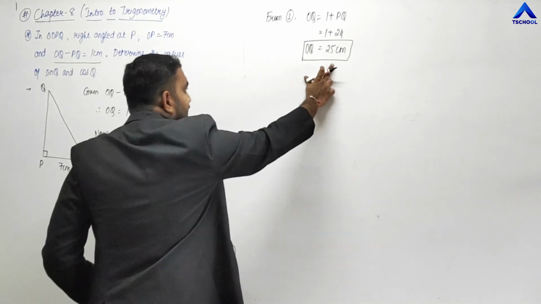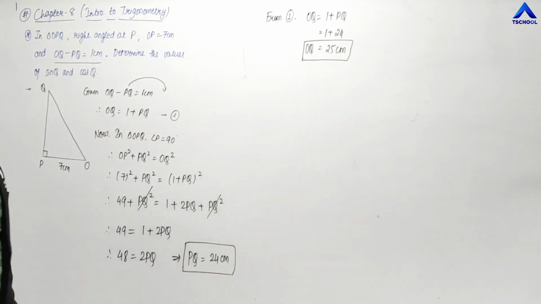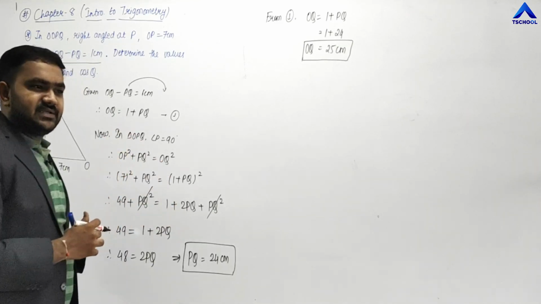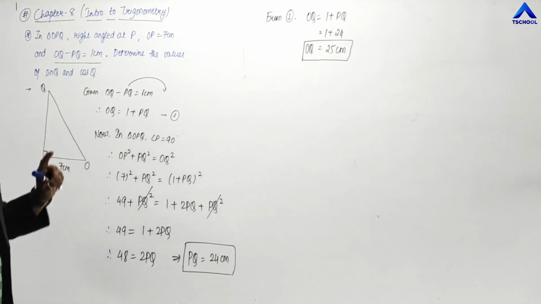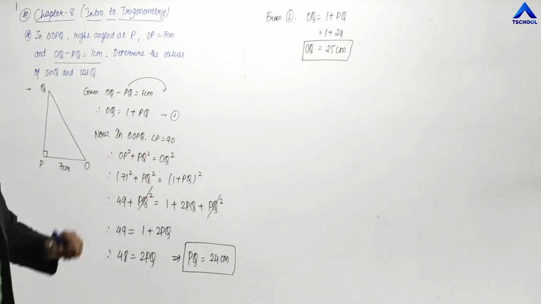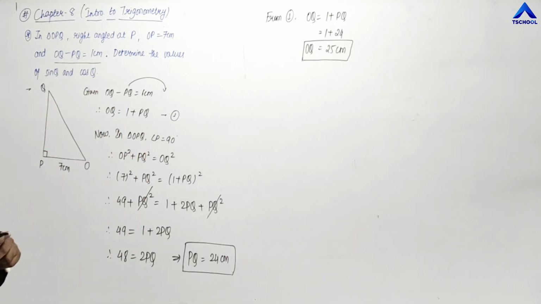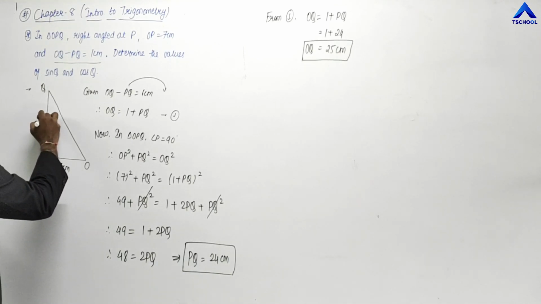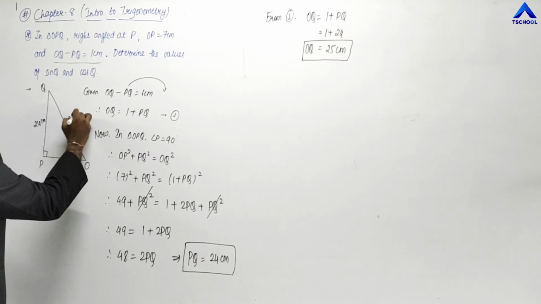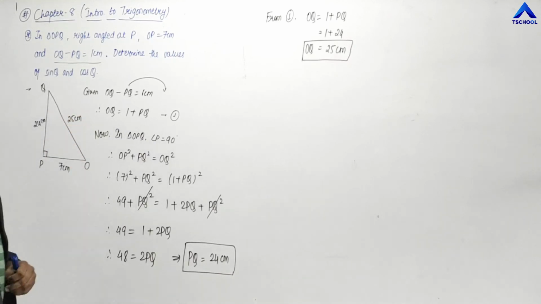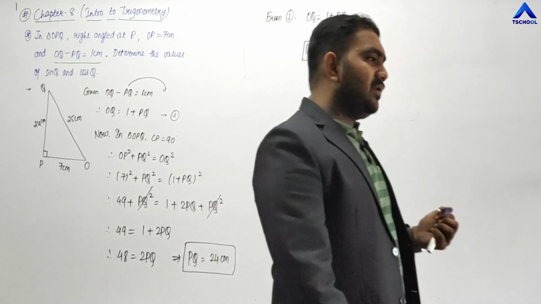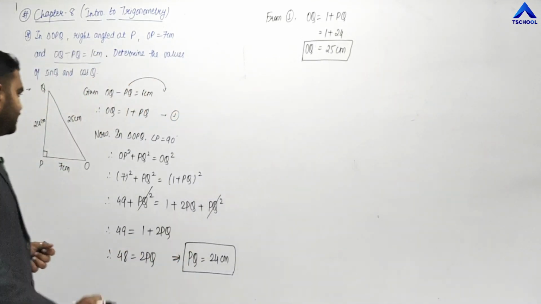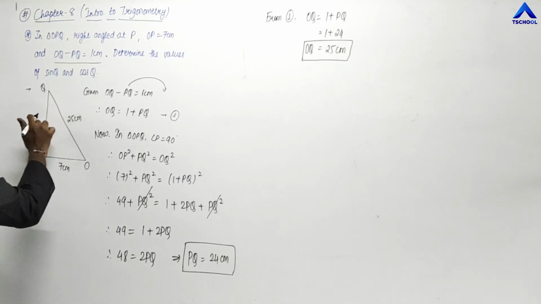So OQ is 25 centimeter, PQ is 24 centimeter. 25 minus 24 centimeter is equal to 1 centimeter, it is confirmed here, and hence the values that we obtained are correct. Is this thing clear? So let us write it down here, that is 24 centimeter, that is 25 centimeter. We got the values that were absent in this triangle OPQ.